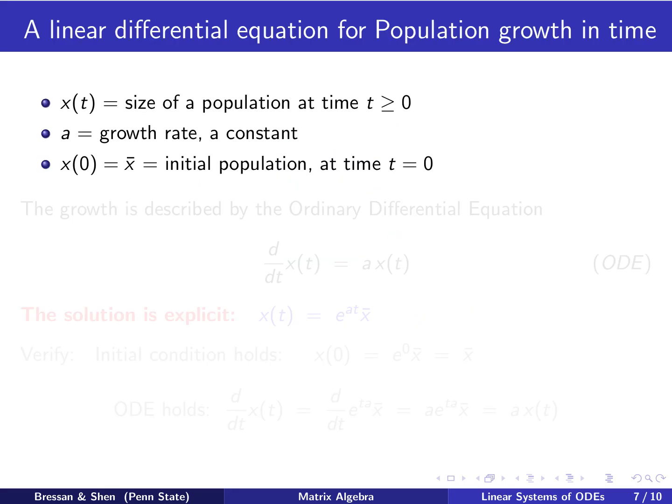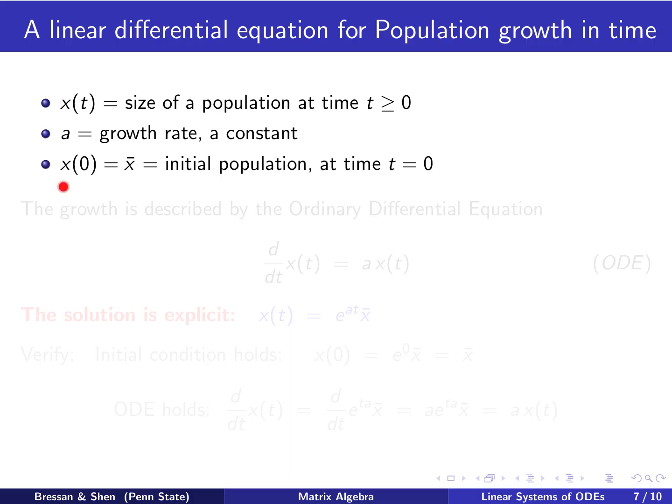And now we consider a model. It's a linear differential equation in the end, which we use to model the population growth in time. So the setting is the following. x(t) will be the size of a population at time t. And then a denotes the growth rate, which is a constant.